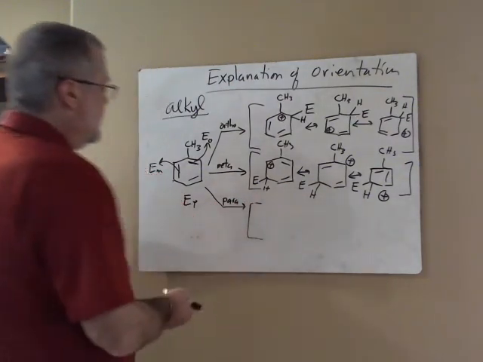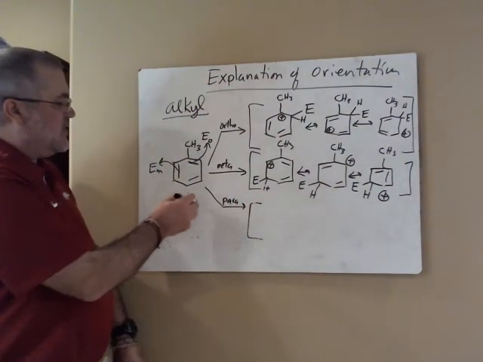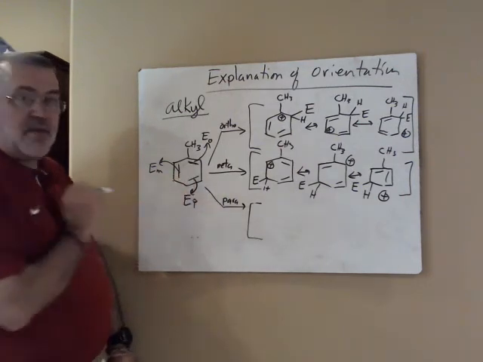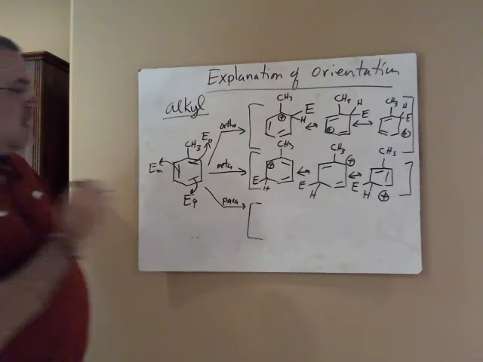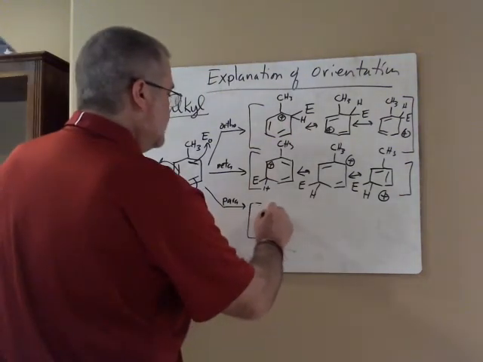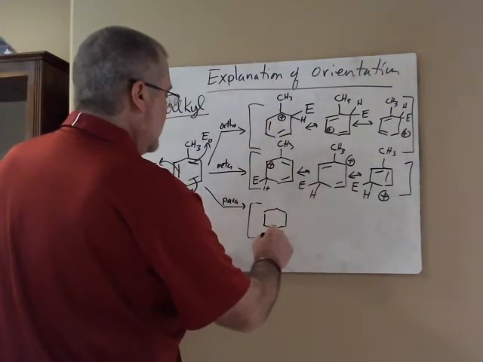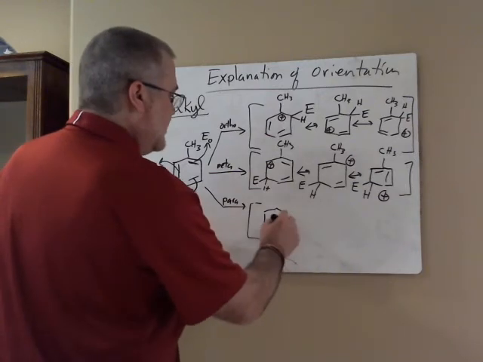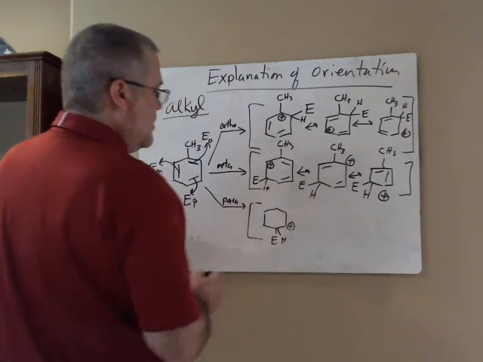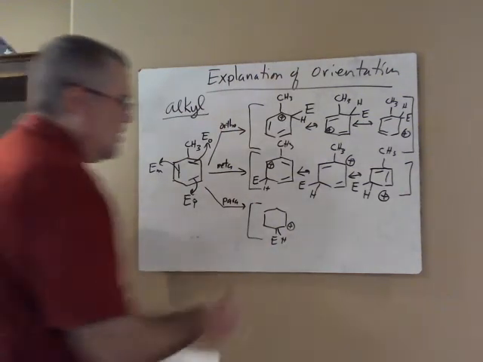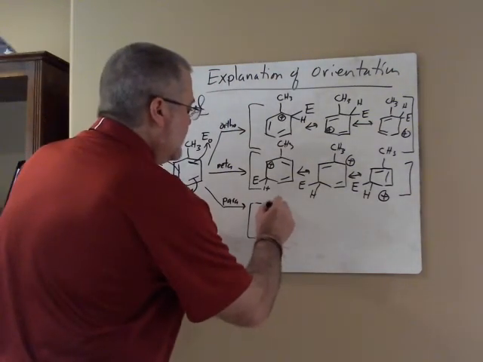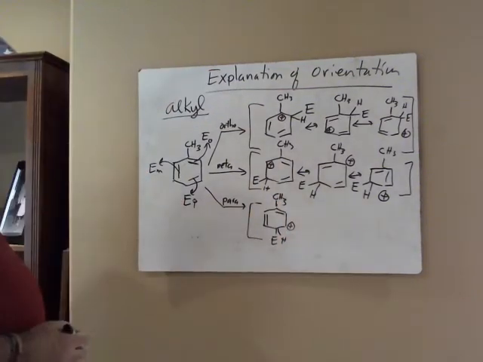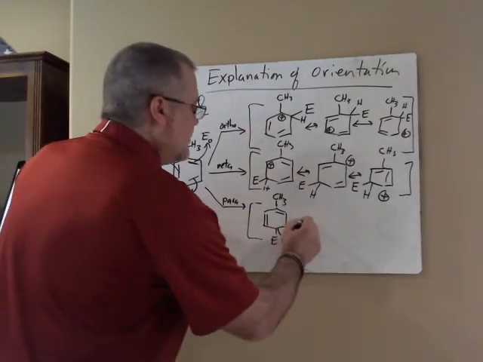If the substitution is to the para position, then it's this pi bond that's breaking. And when that breaks, I'm going to substitute the electrophile at this position, which means this carbon will be the deficient one, and then my double bonds remain in the same place, at least the other ones. And then I can draw the two resonance forms for that.